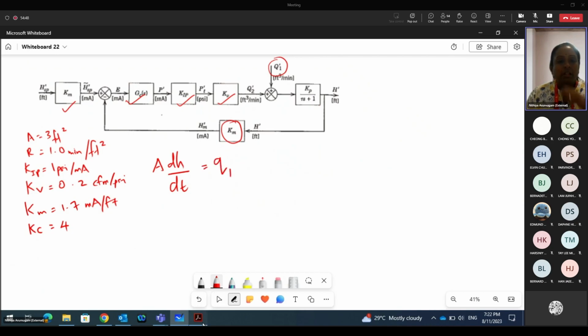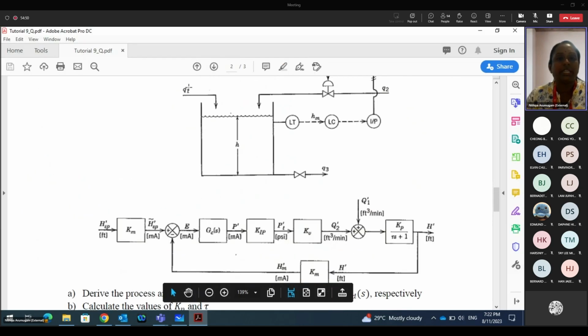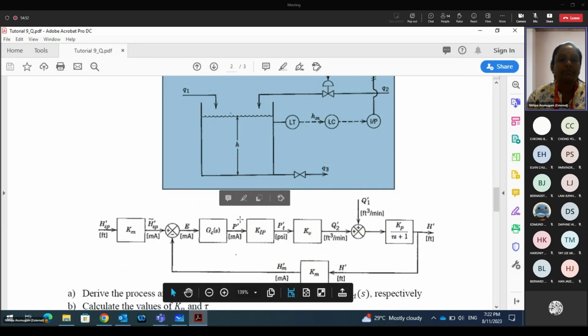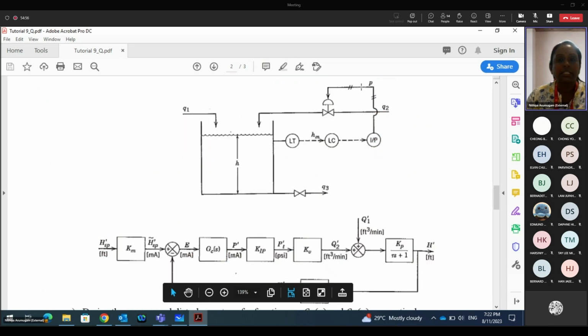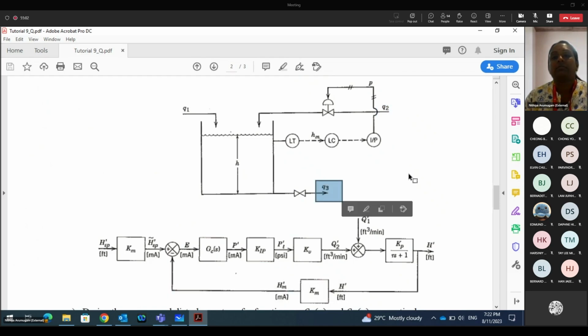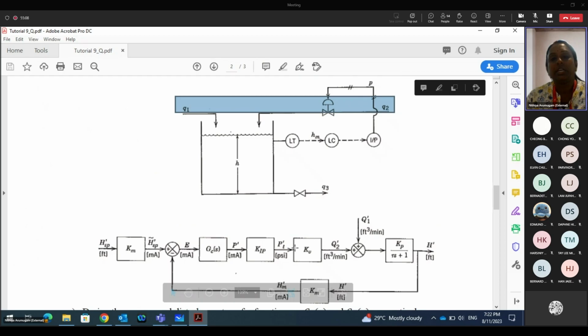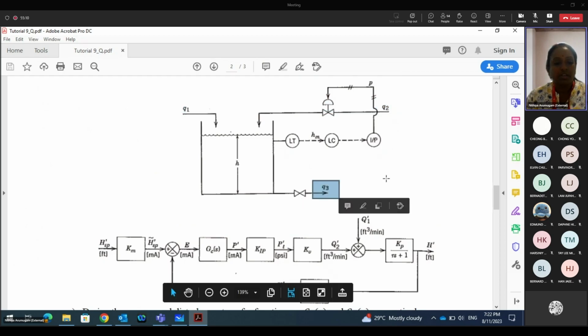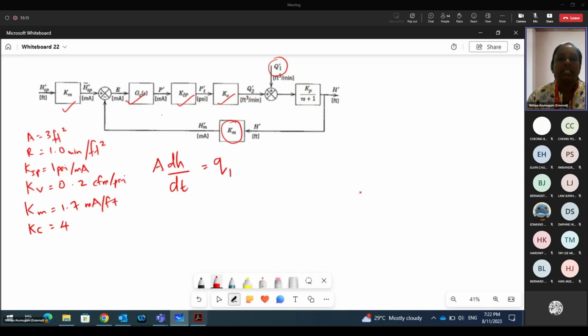Q1 here is the input, plus the second input, and the difference between the total input and the output will become the level change in the system.